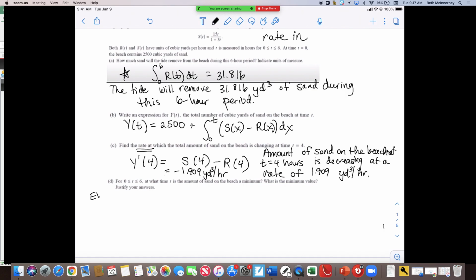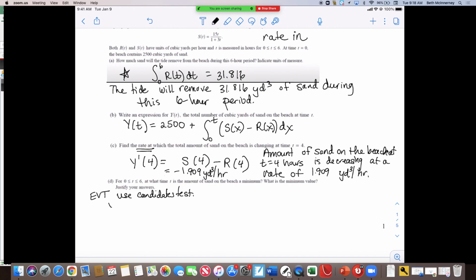So this is the extreme value theorem, and we have to use the candidates test when you have a closed interval. If it were an open interval, you can use the first or second derivative test. Let me say that again. The first and the second derivative tests are for open intervals. Using extreme value theorem is on a closed interval.